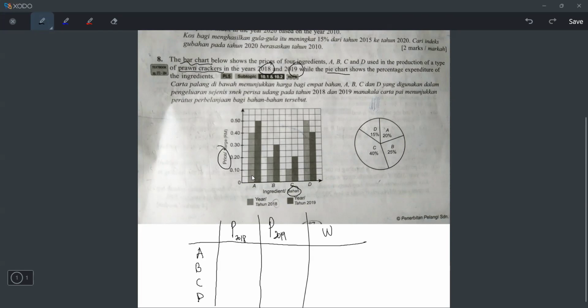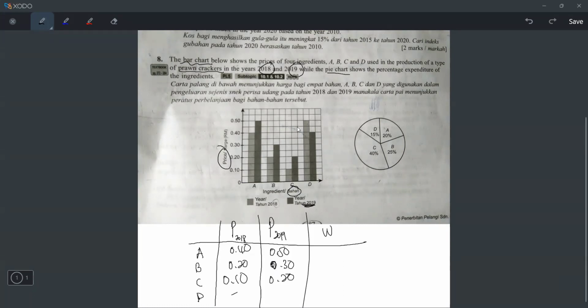So for A, can you see the left side here is 0.4, that's the price 0.4. And for A, the price in 2019 is how much? 0.50. And then for B, 0.20, and 2019, 0.30. For C, 2018, 0.10. For 2019, C, 0.20. What's the next one?